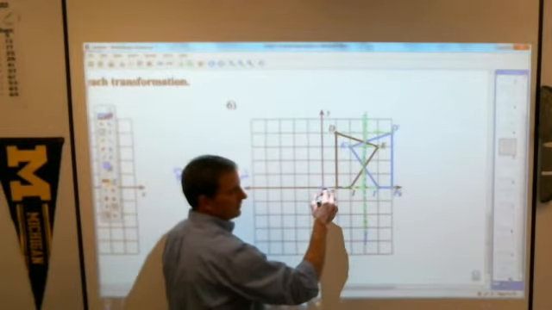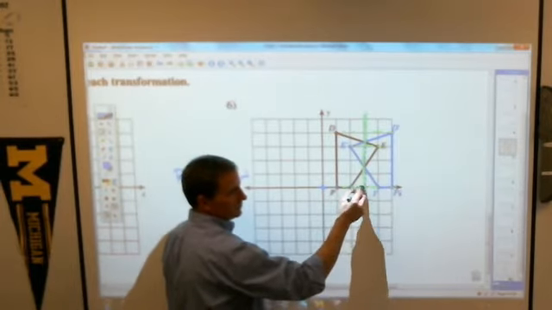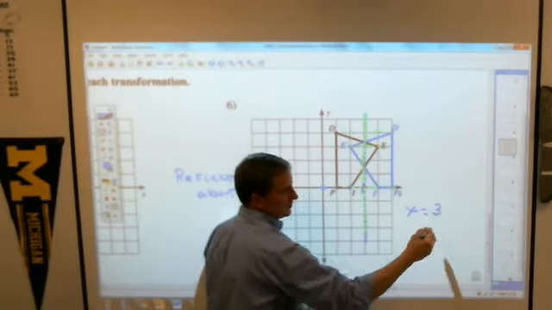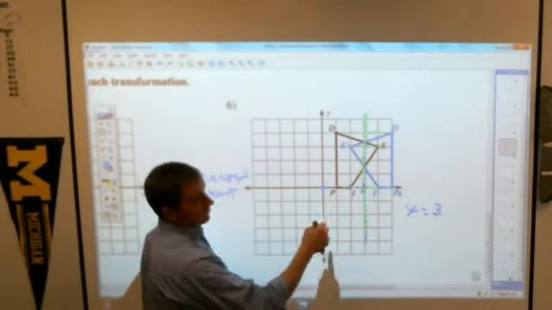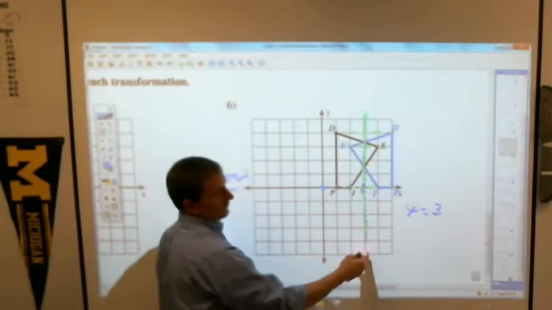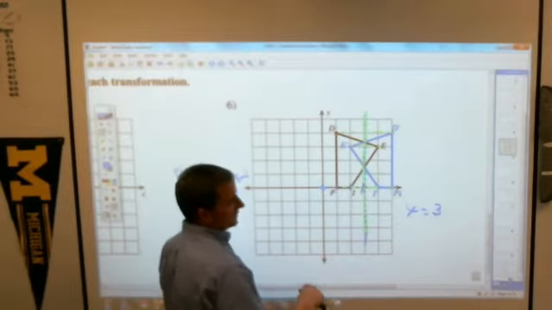Here's your origin. X is 1, x is 2, x is 3. X is 3, because it doesn't matter what y is. Remember we talked about x equals 3 being a vertical line. It goes way clear.